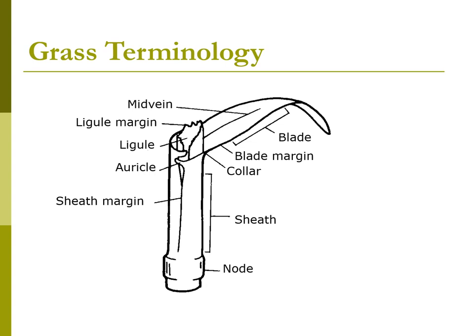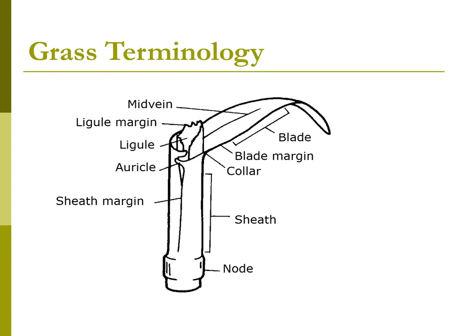That sheath will have a margin. It could be overlapping or open. And then at that area where the sheath breaks away from the blade, or the blade leaves the stem, we call that whole region the collar.